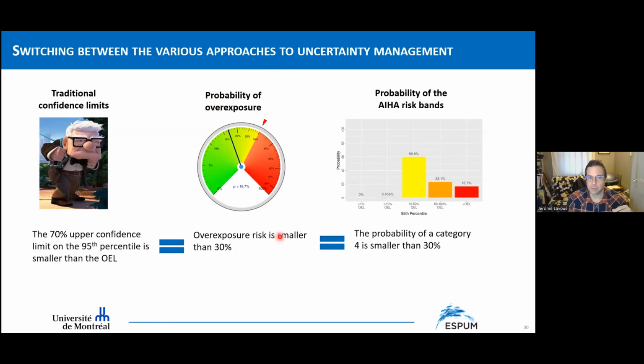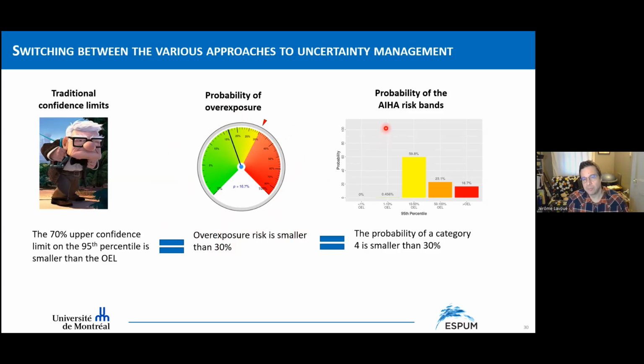So this is the expostats, where we have the probability of overexposure, and this consensus scheme where we say it's good when the risk is below 5%, tolerable when it's between 5 and 30, and unacceptable when it's above 30.